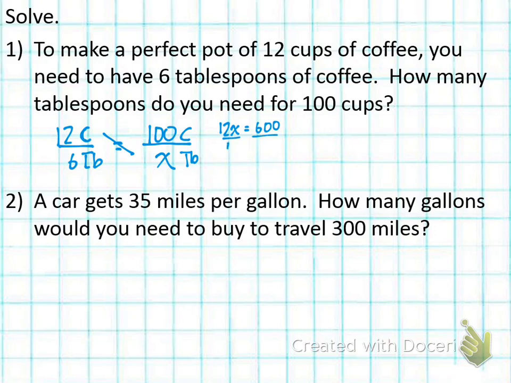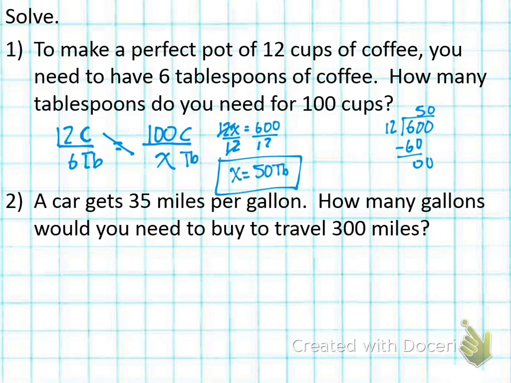Divided both sides by 12, and did a little side problem here. We get x is equal to 50 tablespoons. Okay, does that make sense? So if you were making a ton of coffee for a party, you'd have to do 50 tablespoons. And we talked about conversion factors, so you wouldn't just use a tablespoon, you'd use cups, of course.